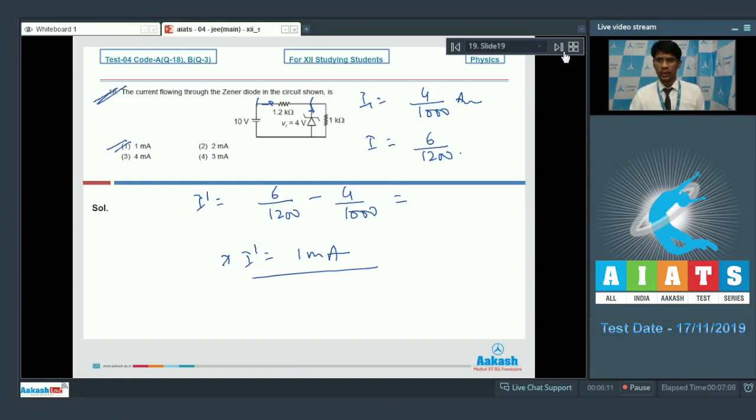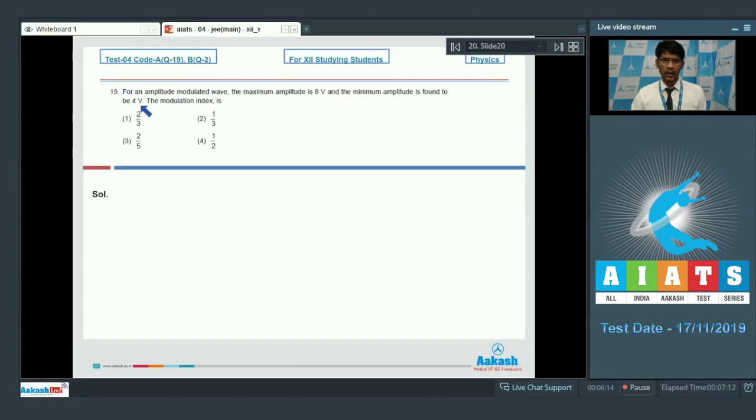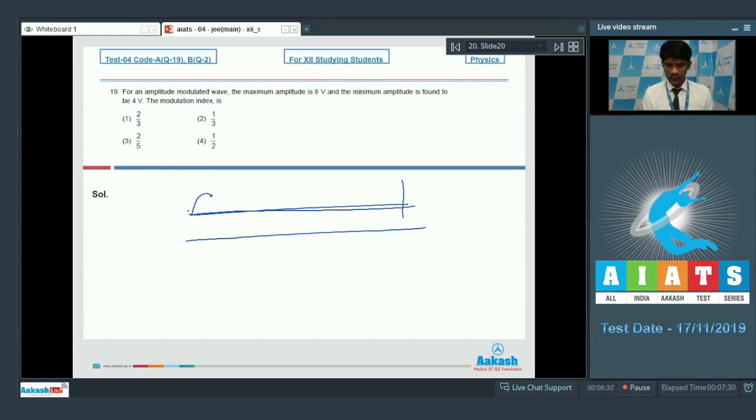Now let's proceed to question number 19. In question number 19, for an amplitude modulated wave, the maximum amplitude is 8 volt and the minimum amplitude is found to be 4 volt. The modulation index is, without any calculation, let's have the elaboration itself. If this is the average value and it is oscillating this way, the maximum value is 8 and the minimum is how much?